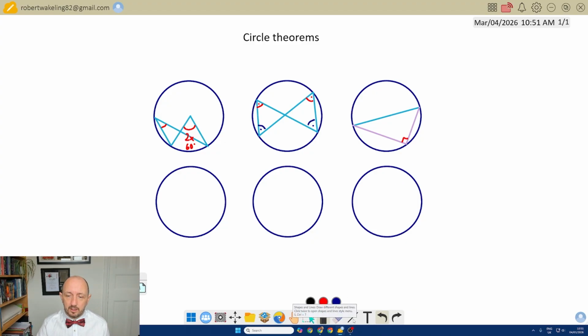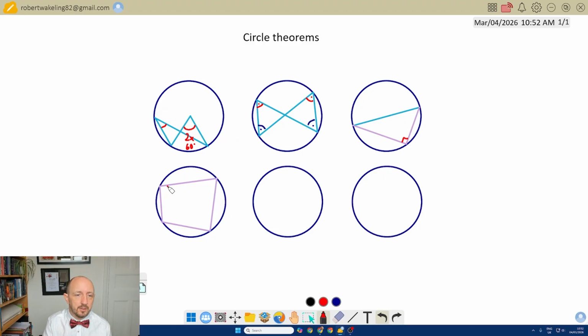Okay, another one that we have is when you have a 4-sided shape, any 4-sided shape, and all corners are on the circumference, but it doesn't cross over in the middle like the bow tie one, so there's no crossover.